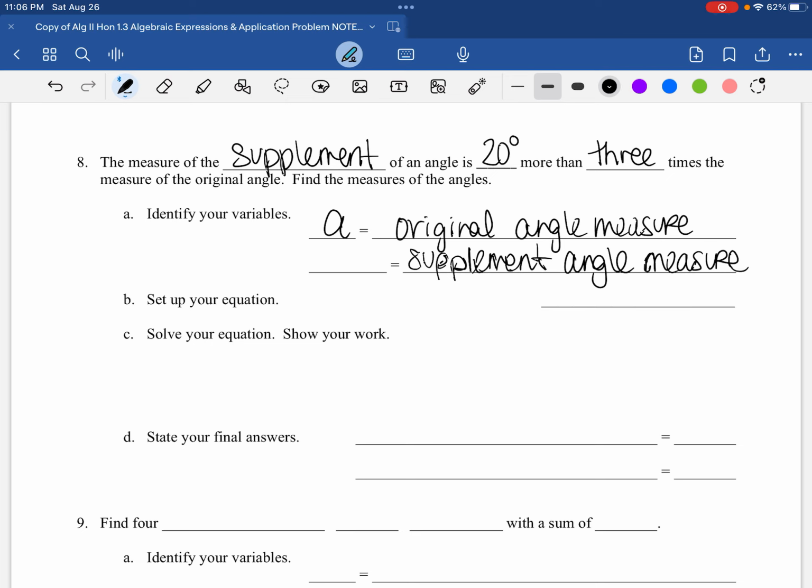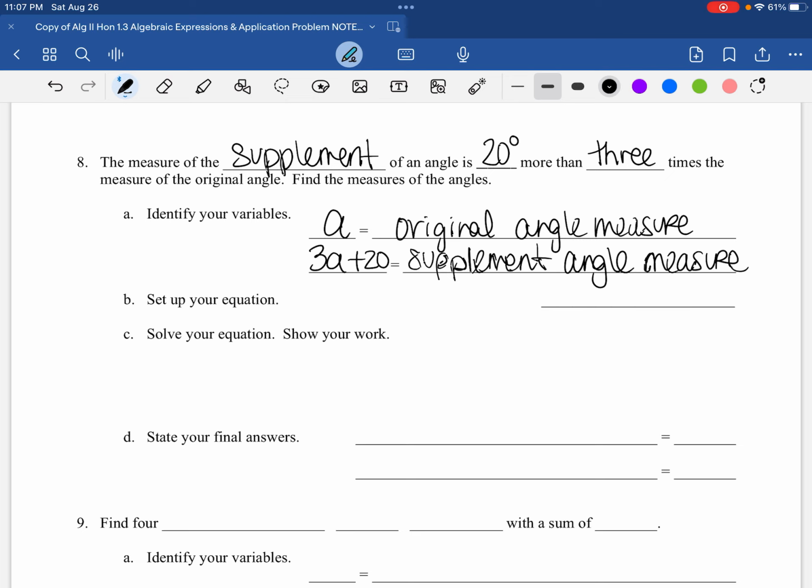So the supplement angle is going to be affected by A, and it is 20 degrees more than 3 times the measure of the original angle. So remember, 3 times is going to be multiplied, whereas 20 degrees more than is addition. So we have A and 3A plus 20.